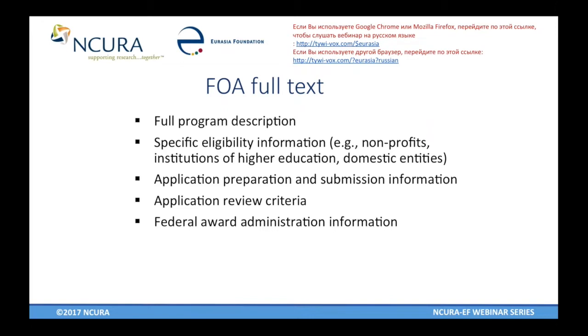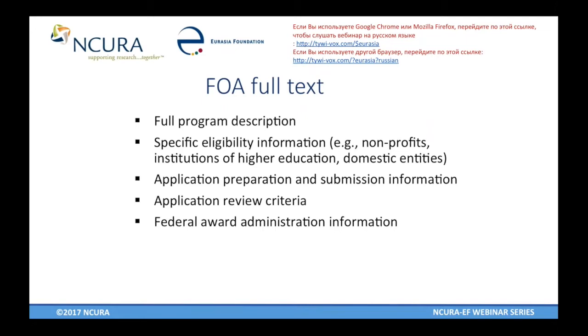The full FOA will also provide the criteria by which applications are reviewed. It is important that our applicants are aware of these criteria and write to these criteria. These criteria form the basis for scoring the proposal during the review process.